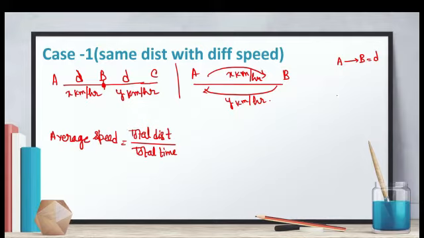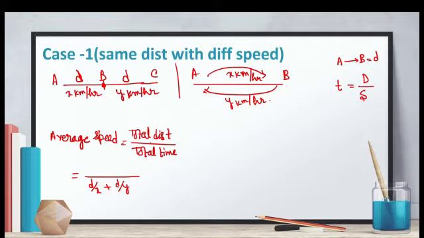We know time is equal to distance upon speed. Here the speed is given and distance is d. So the time will be distance upon speed: d upon x kilometer per hour, and here d upon y kilometer per hour.